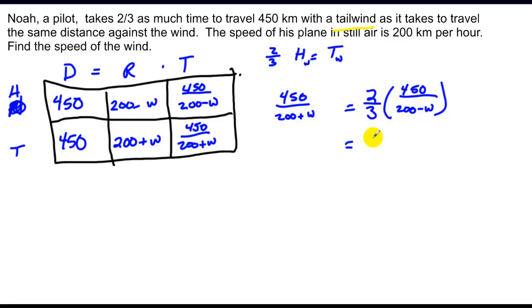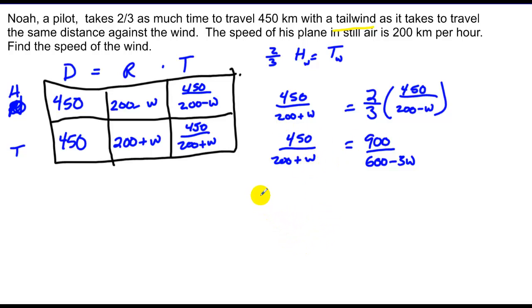I can take and distribute through, and I get 900 over 600 minus 3W is equal to 450 over 200 plus W.